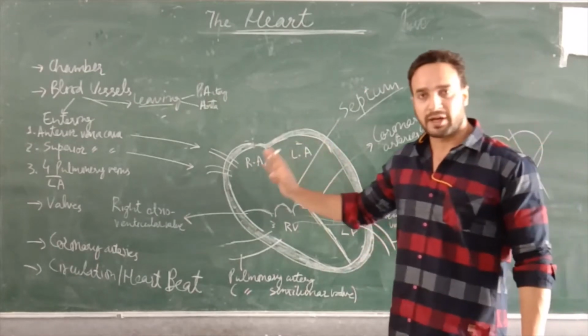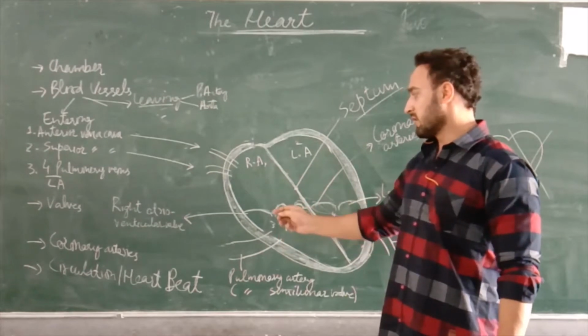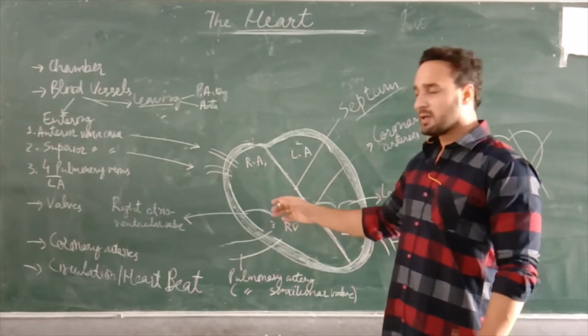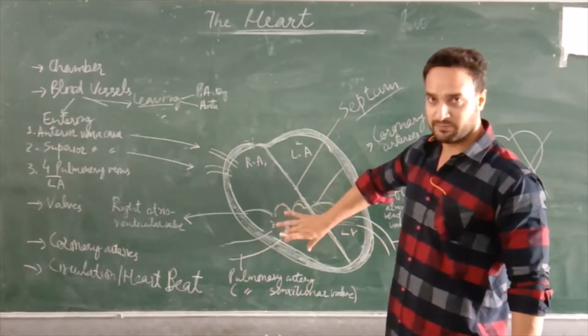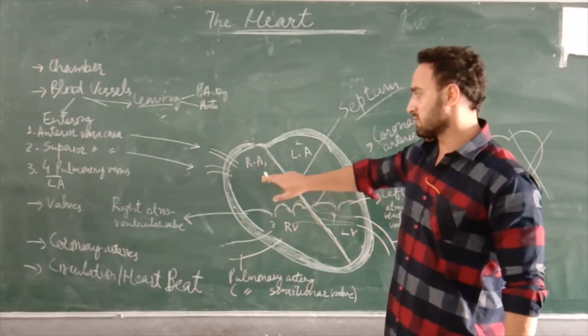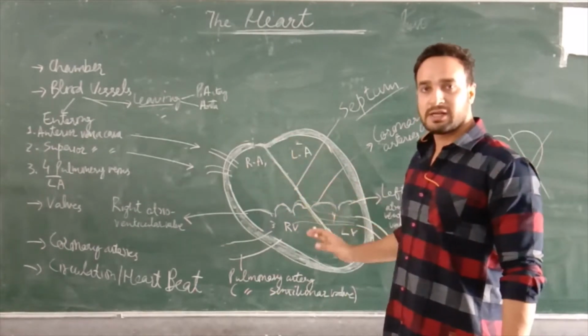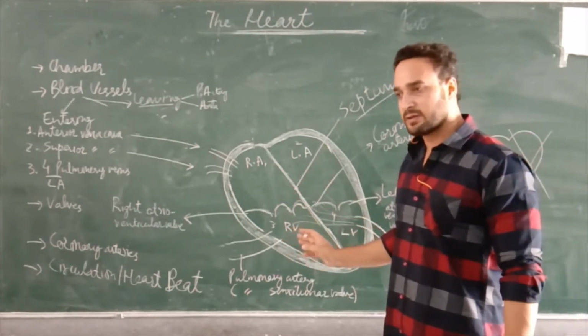There is a septum dividing the heart into two sides, right and left. Further, there are atrioventricular valves, right? They are dividing each side of the heart into further two chambers. So right now we have four chambers, one, two, three, and four. There is a clear division of walls between the four chambers, right?